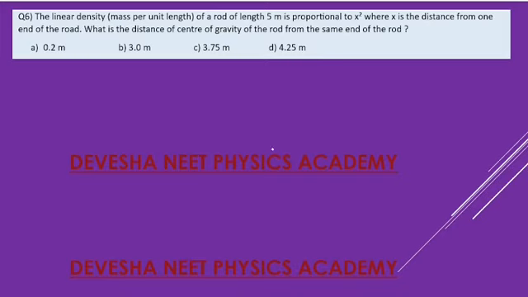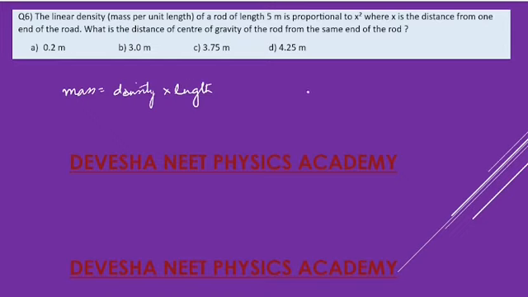The linear density of a rod of length 5 is proportional to x square. So we know that mass is equal to density into the length.